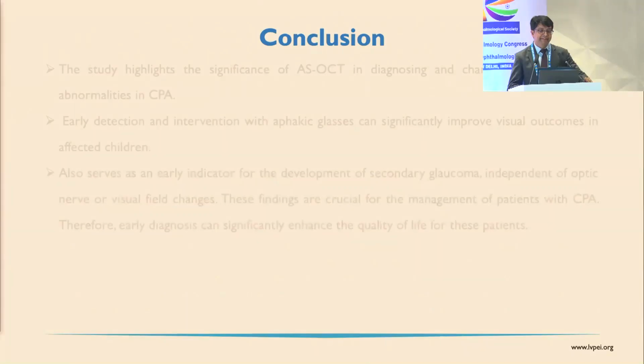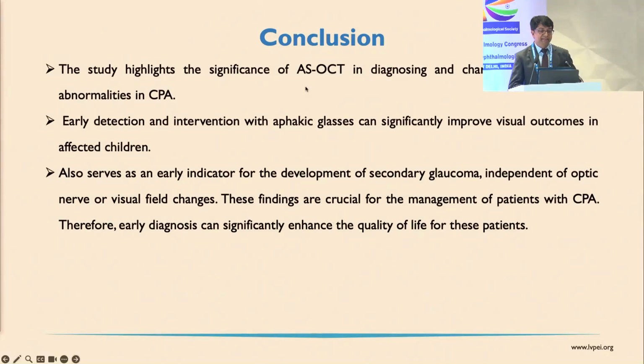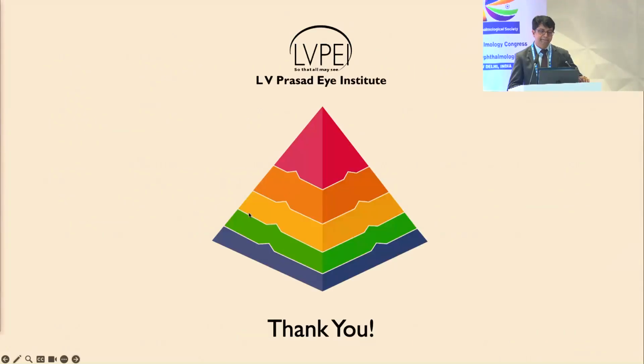This highlights the value of AS-OCT even in babies with a congenital corneal abnormality. These cases we can promptly put on aphakic glasses. They tend to improve and have some ambulatory vision, with no invasive surgery when you make such a diagnosis.